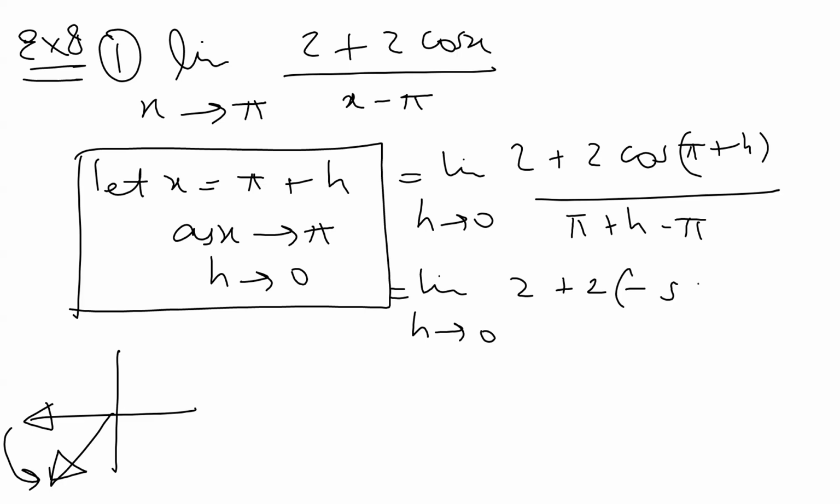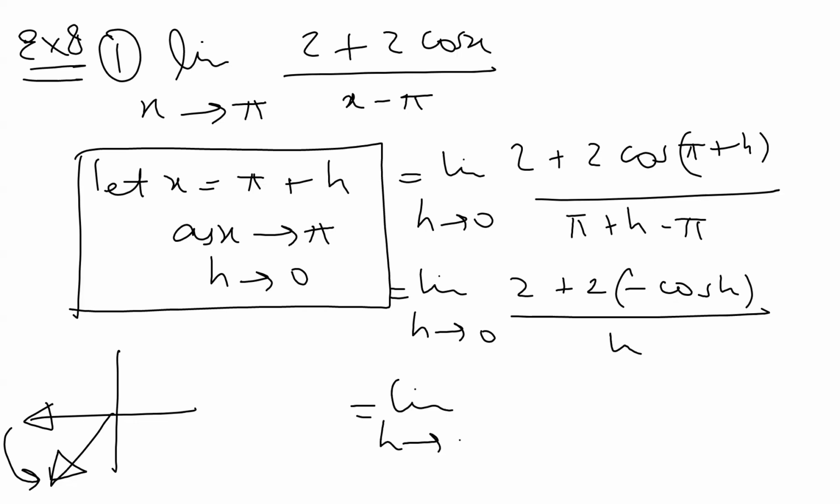So it is minus cos h, sorry. Cos will remain cos because it's on the x-axis, upon h. Take 2 common over here, 1 minus cos h upon h. Why minus? Because this plus into this minus becomes minus.